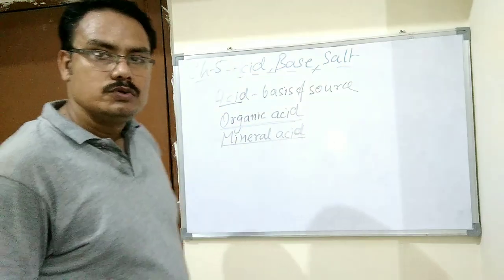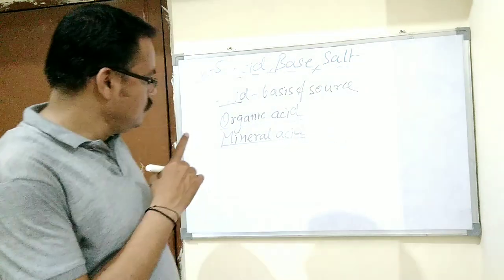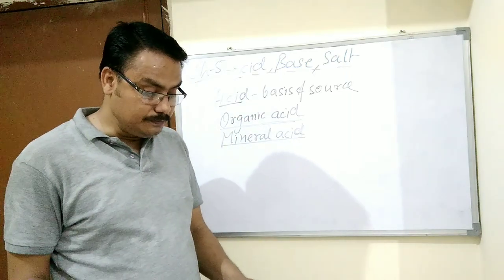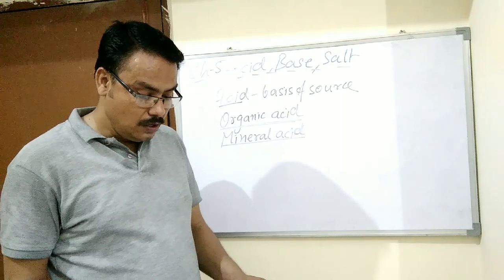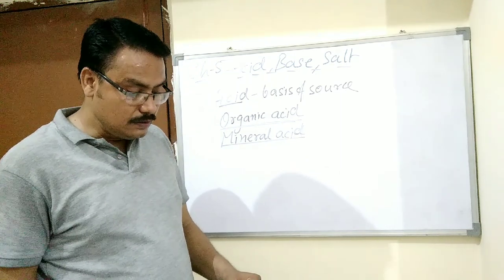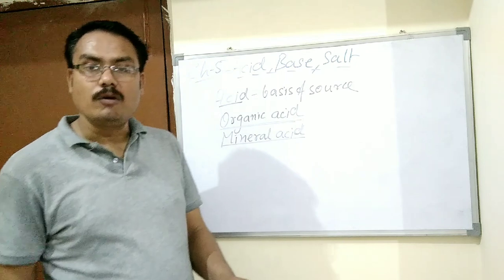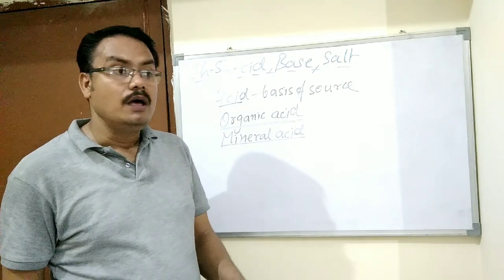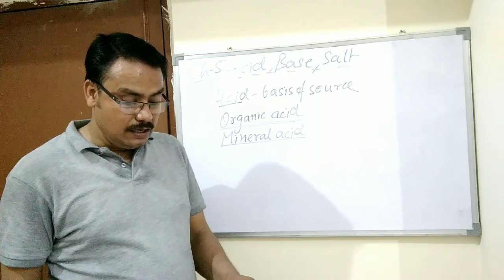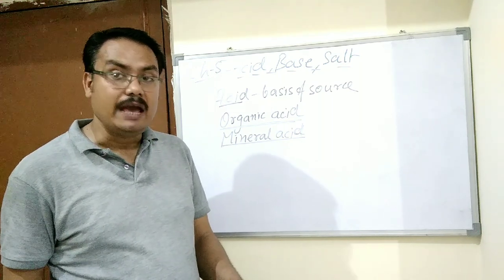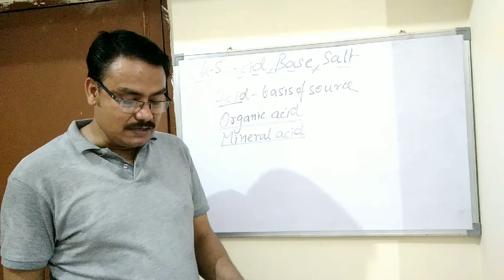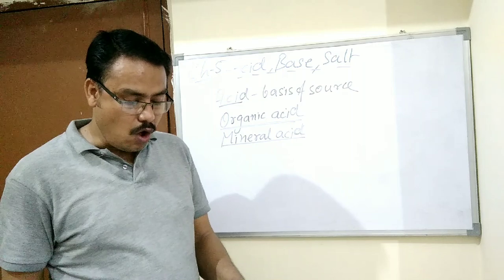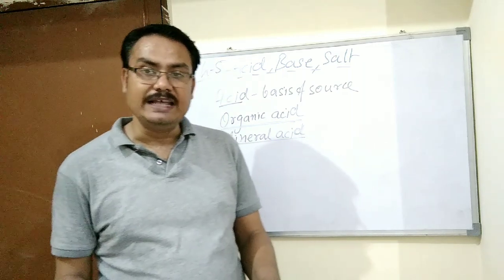Okay students. So organic acid and mineral acid. Just for example, citric acid we get from orange, methanoic acid from the ant sting, tartaric acid from grapes and tamarind, ascorbic acid from citrus fruits, acetic acid from vinegar, oxalic acid from spinach, means saag.